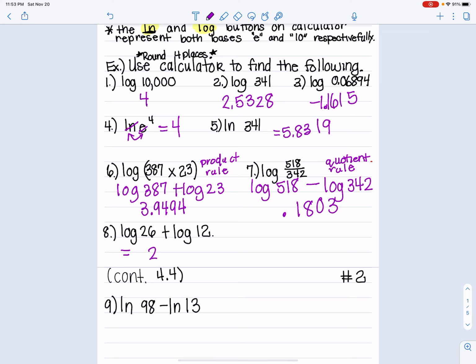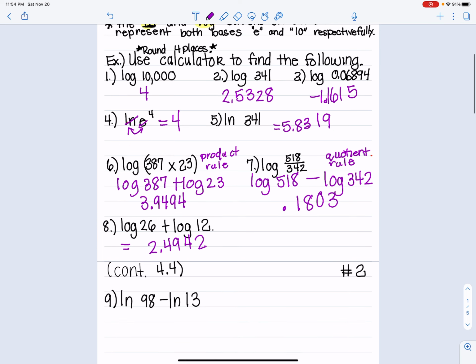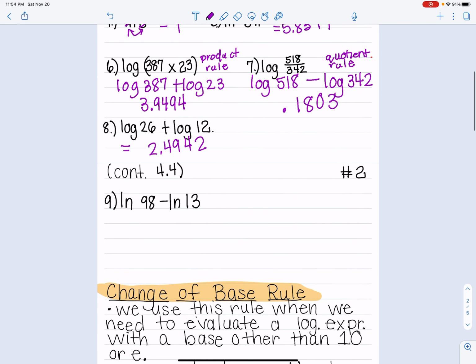And I get 2.4942. So the last one like this is ln of 98 minus ln of 13. Once again, you don't need to convert it back as a quotient. Keep it; that's what we want. So you can just type it in. But remember, this is ln. We're working with ln. ln of 98 minus ln of 13.